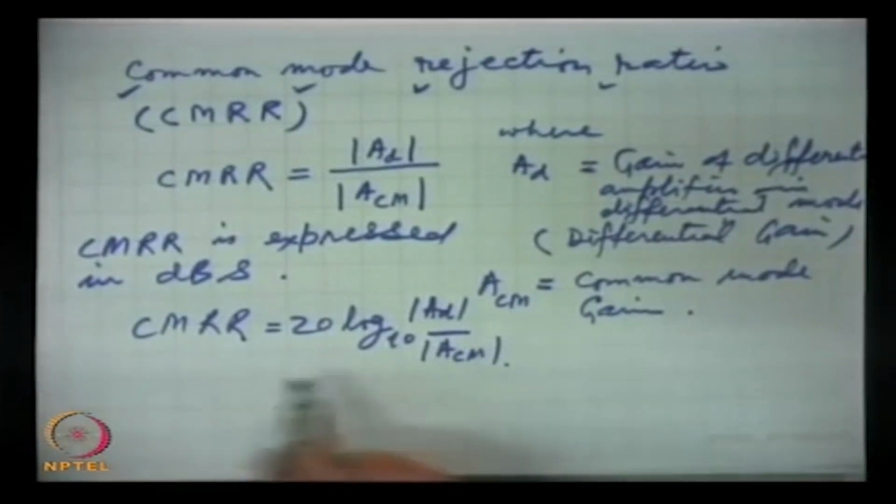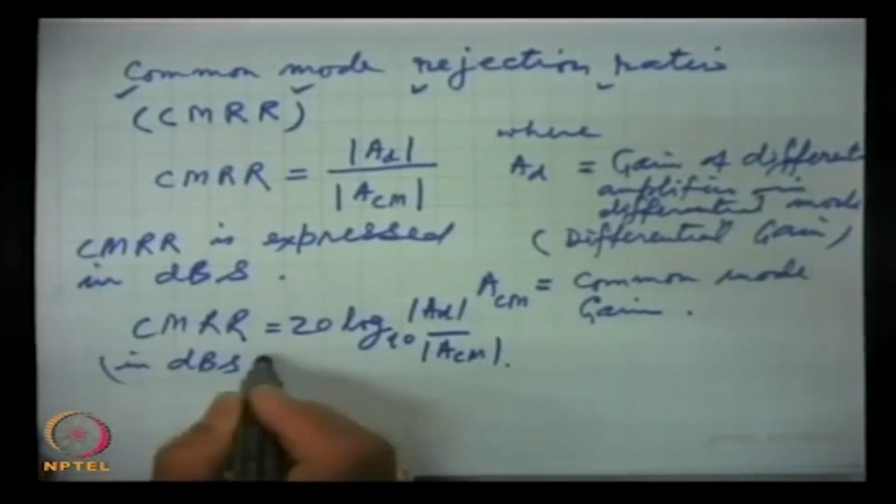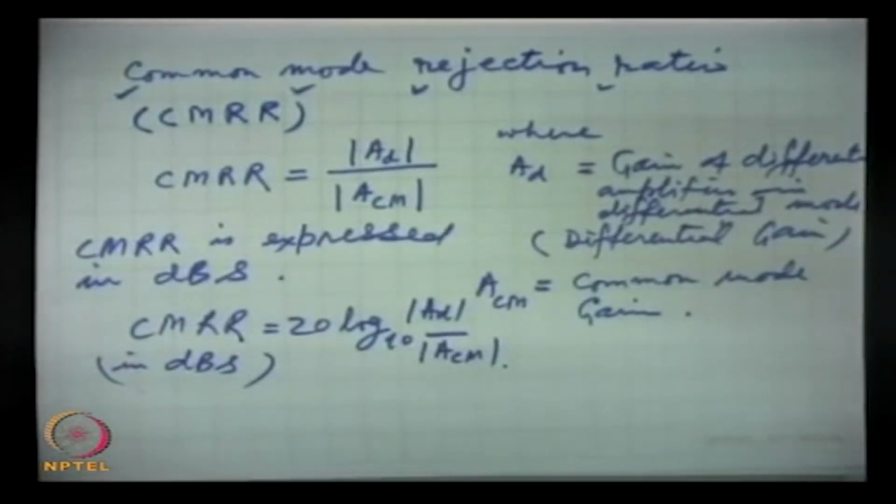This is in dBs. Common mode rejection ratio in dBs.